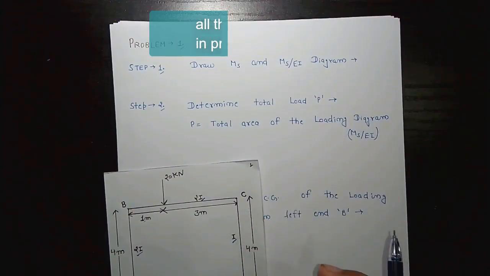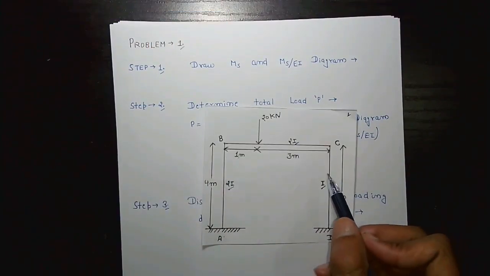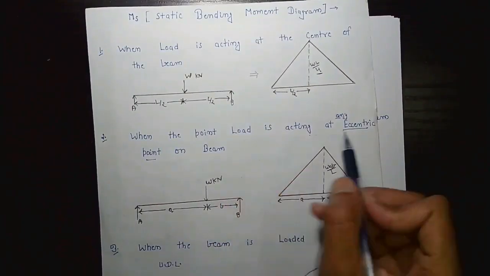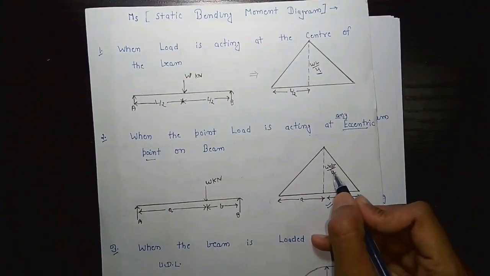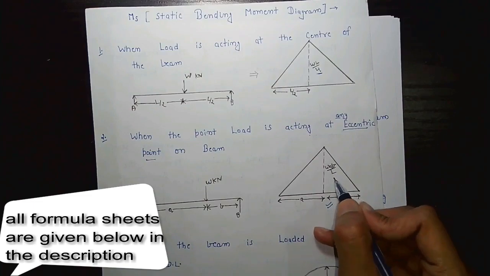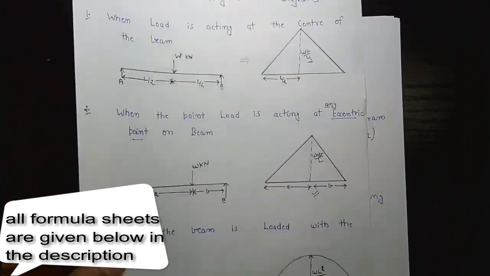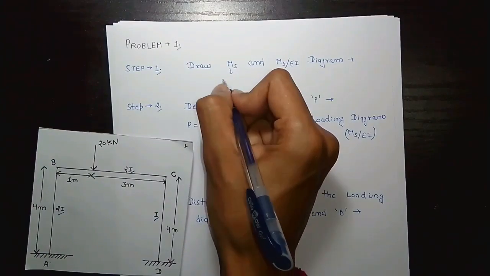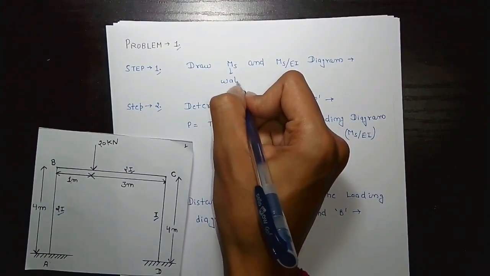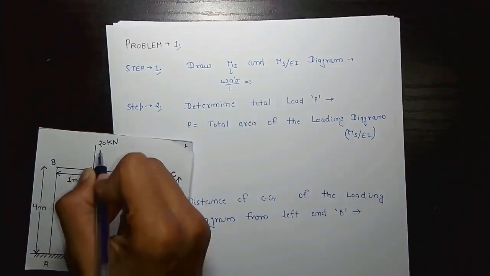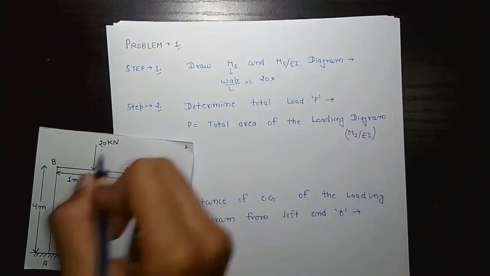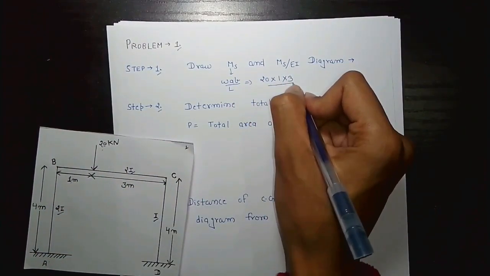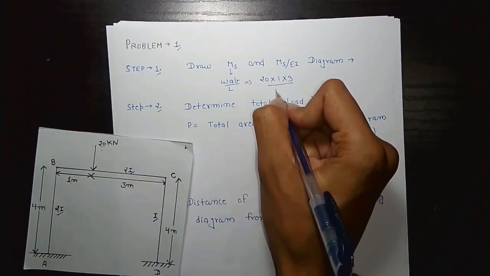For the Ms diagram, because it is an eccentric point load, at a distance it will be WAB by L. So 20 into a is 1 meter, b is 3 meter, divided by L, total length 4 meter.